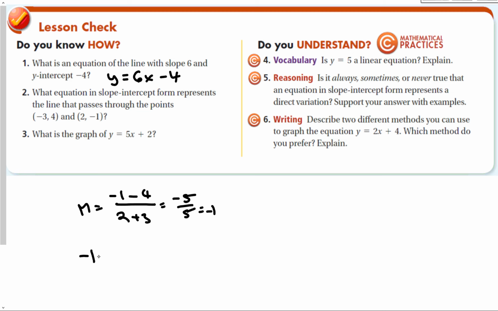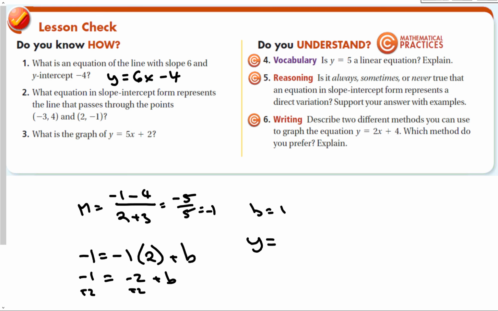So -1 is going to be equal to the slope times x plus b, so -1 equals -2 plus b. Add 2 to both sides, and we get that b is equal to 1. So y is going to be equal to -x plus 1.